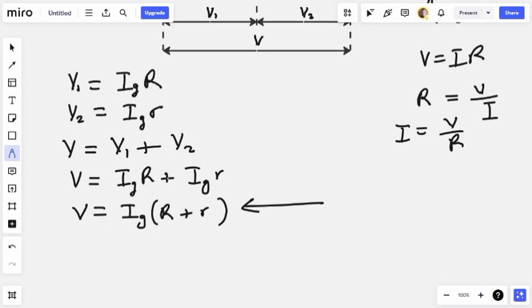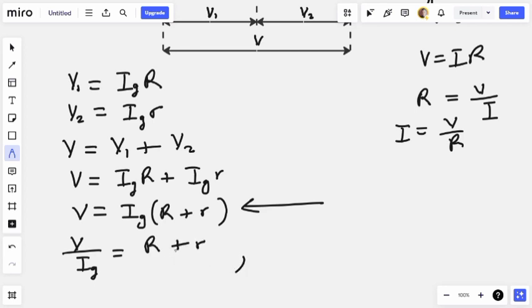Since the determining factor of the range the voltmeter can measure is R, we make R the subject of the formula from here. We start by taking Ig to the left hand side. So it will be V divided by Ig equals R plus small r.